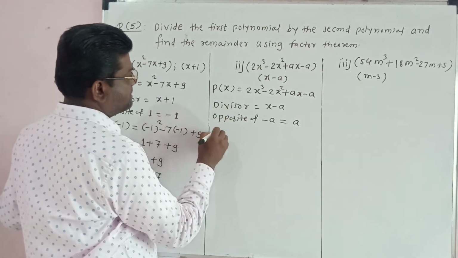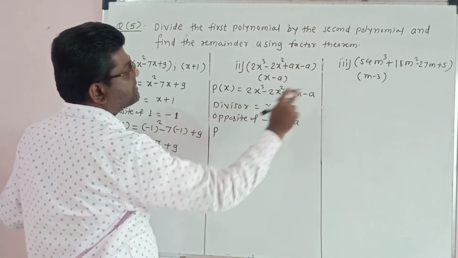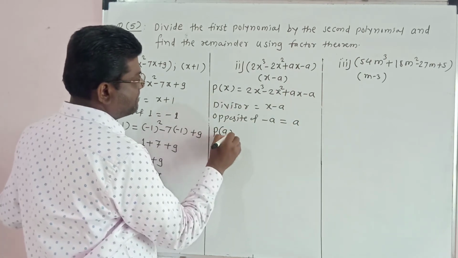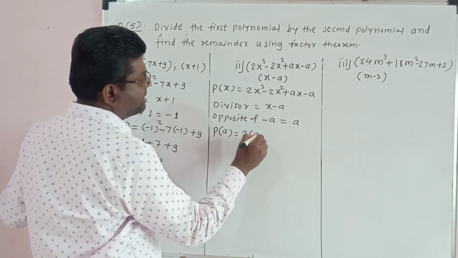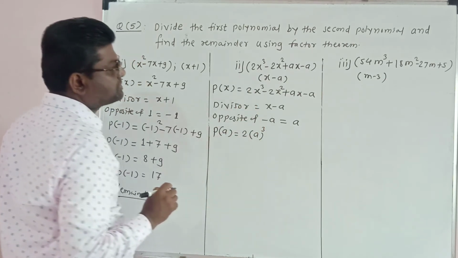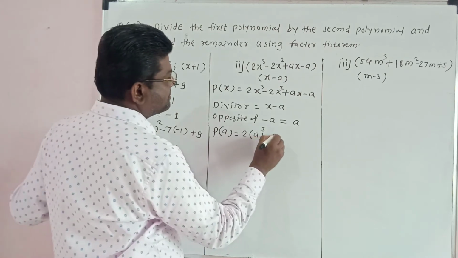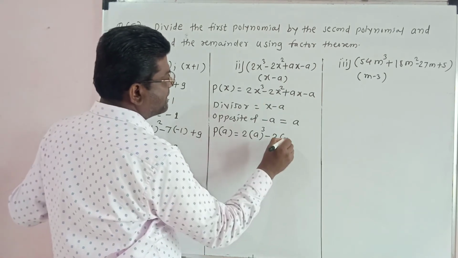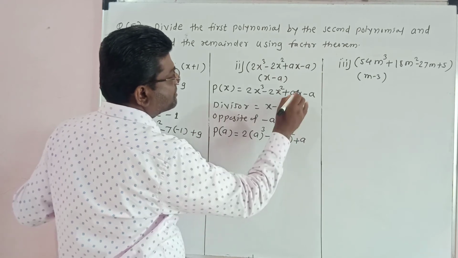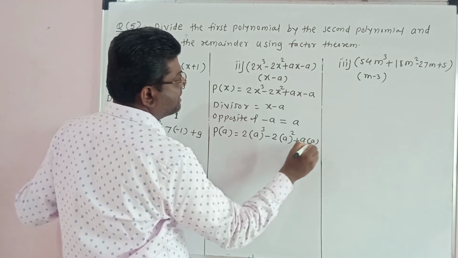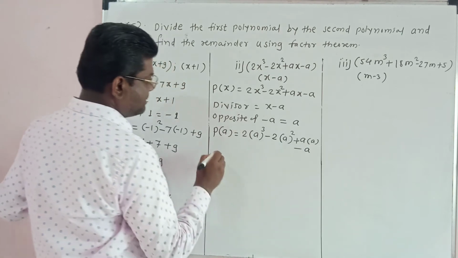So put x is equal to a in this polynomial. So p of a is equal to 2 in bracket, put x is equal to a, that is a raised to 3, minus 2 into x is equal to a, that is a square, plus a into this x, which is a, minus a.